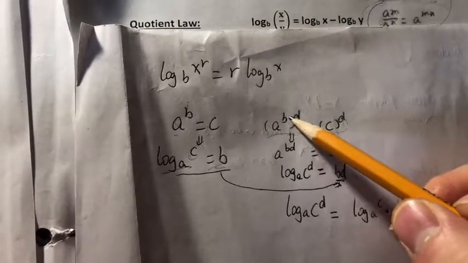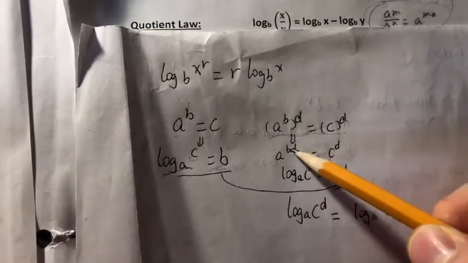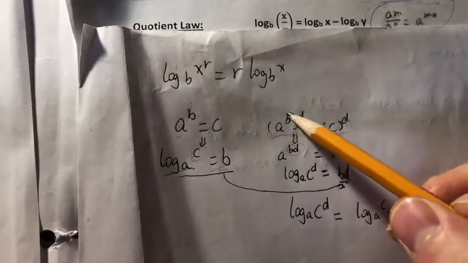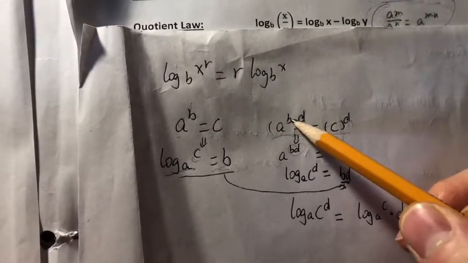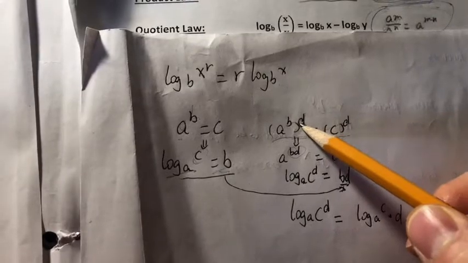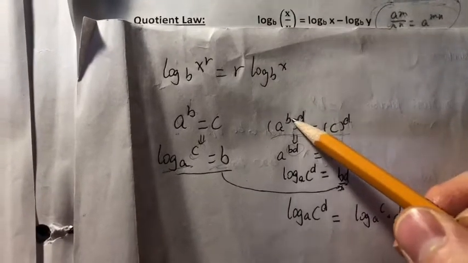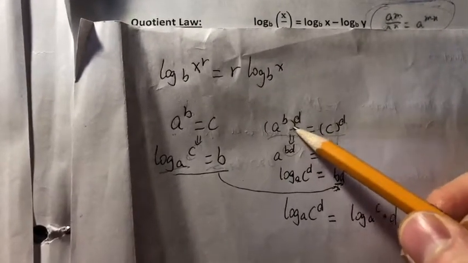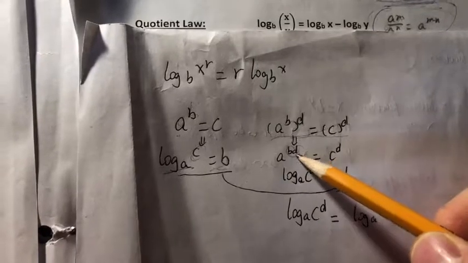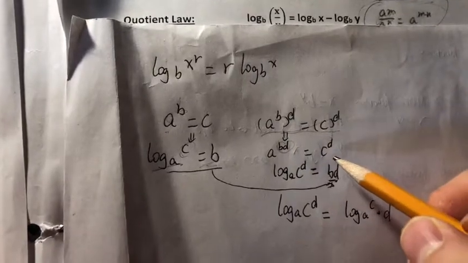And also, based on the law, we know that when we multiply the exponent, b^d, the exponent is equal to bd.